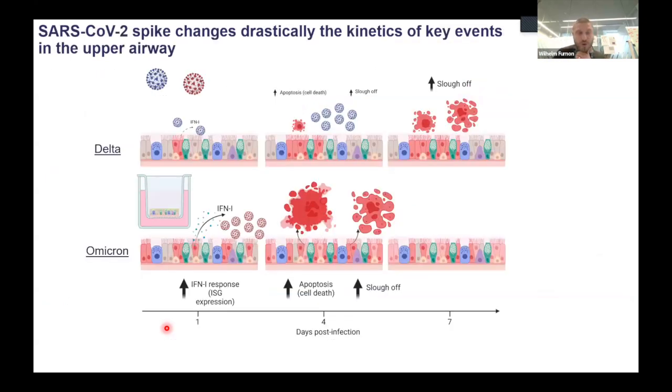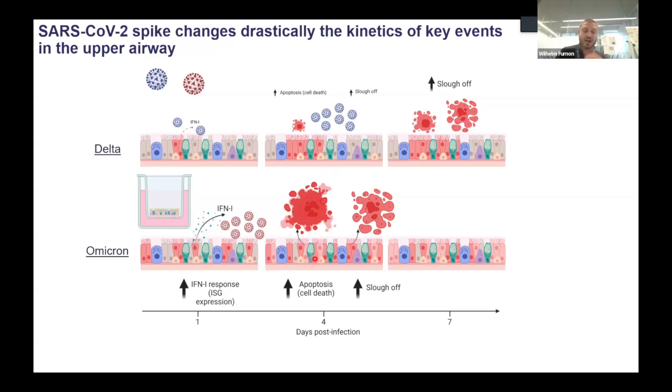This is the kind of model we can draw: Omicron compared to Delta will infect many more cells early on, in the first stage, and then produce more progeny that spread faster and better. This at the same time causes a lot of interferon response, which the virus didn't seem to bother about.